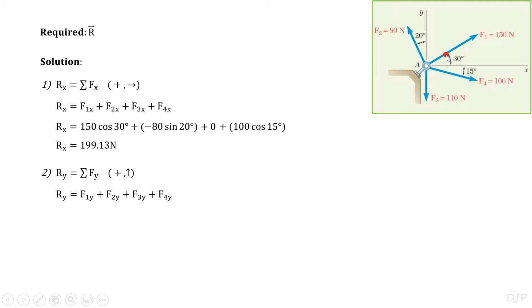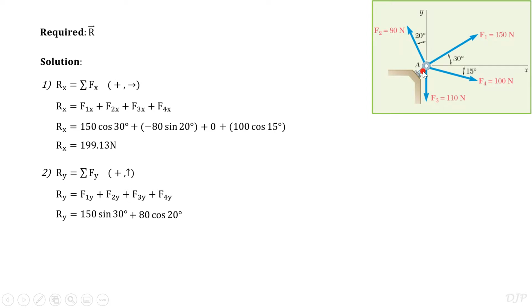By applying trigonometry, we can write that the y component of F sub 1 is positive 150 times sine of 30 degrees. For F sub 2, we should write its y component as positive 80 times cosine of 20 degrees.